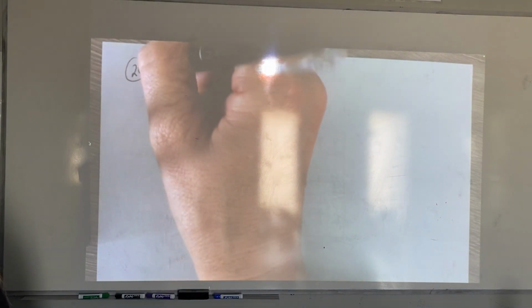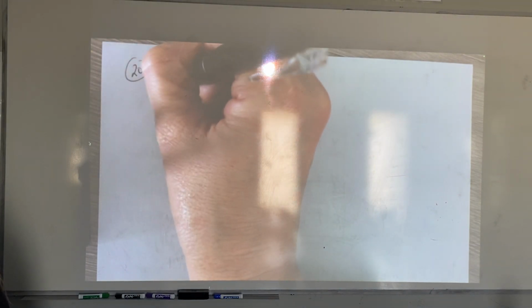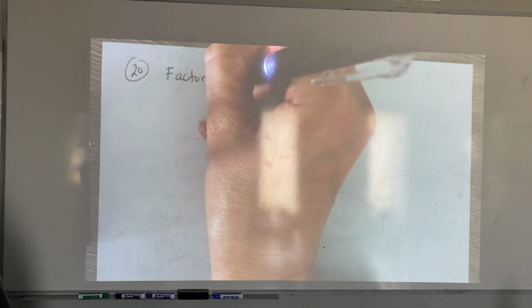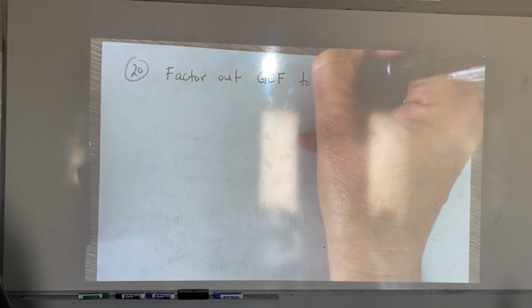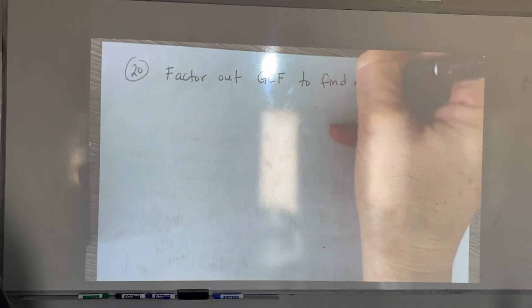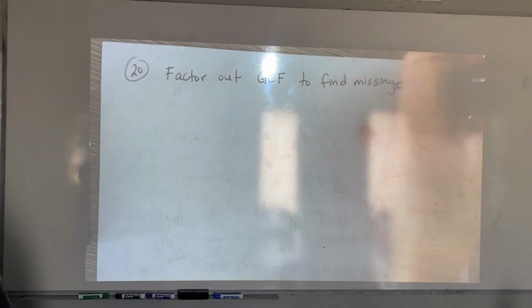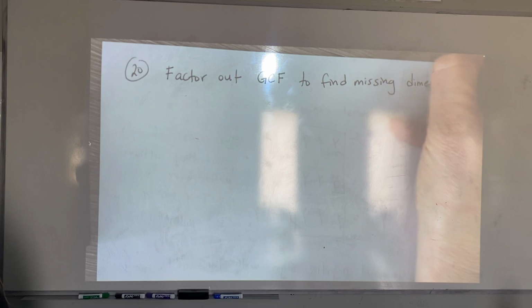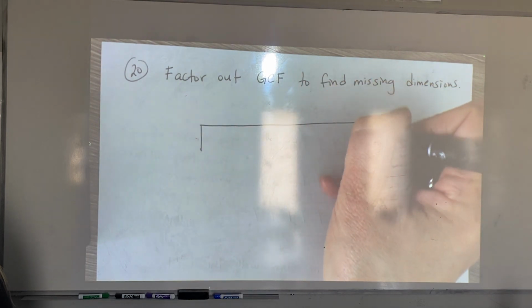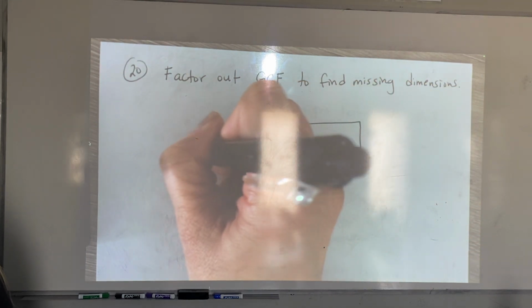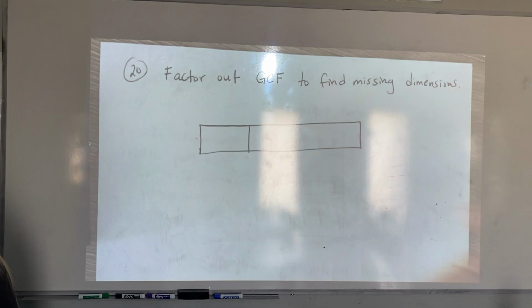Okay, so the last question, number 20, is going to say factor out GCF to find missing dimensions. Dimensions, that must mean there's a shape coming up. So we have a long rectangle that's split into two pieces.